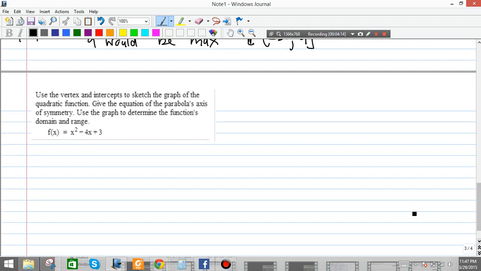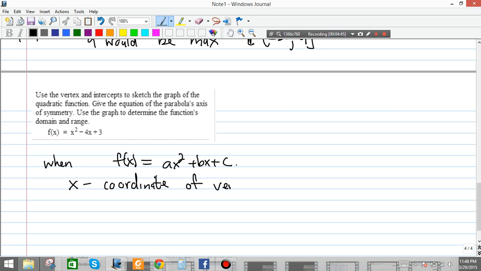The other point I want to bring up is if the form is not in a form that we're used to seeing. So when it looks like this, when f of x is equal to ax squared plus bx plus c, then the x coordinate of the vertex is x equals -b over 2a.